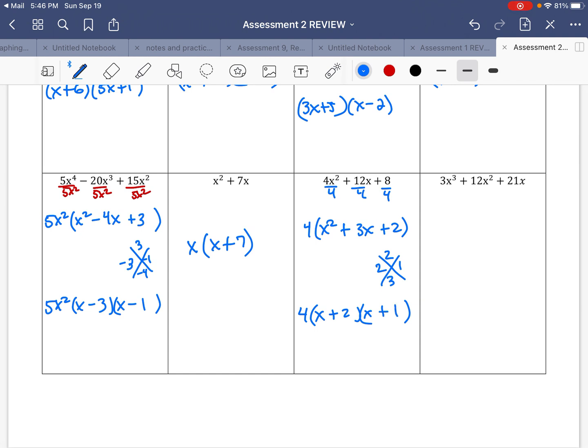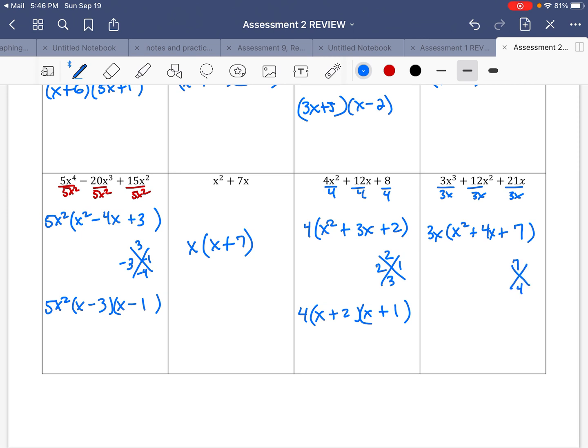All right, on my last problem here, they all divide by 3 and x. So we're going to pull out a 3x and see what's left. So I'm dividing these by 3x. So that leaves me with x squared plus 4x plus 7. Sorry about that. Okay, so let's take a look. Put a 7 here and a 4 there.